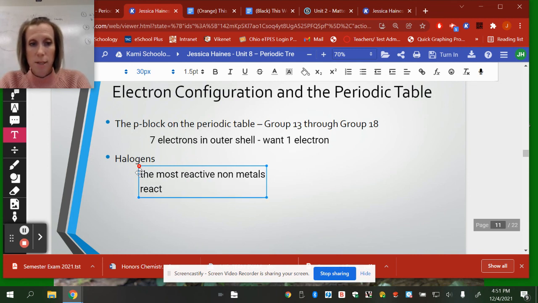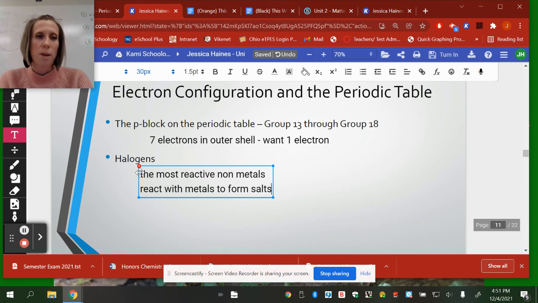They react with metals to form salts. So just think about for a second, look at the periodic table. If we took sodium, which is an alkali metal, and combined it with chlorine, which is a halogen, what do we get? NaCl. We get a salt. Now, when we say salt, we're not always referring to table salt, NaCl. You can have any salt.